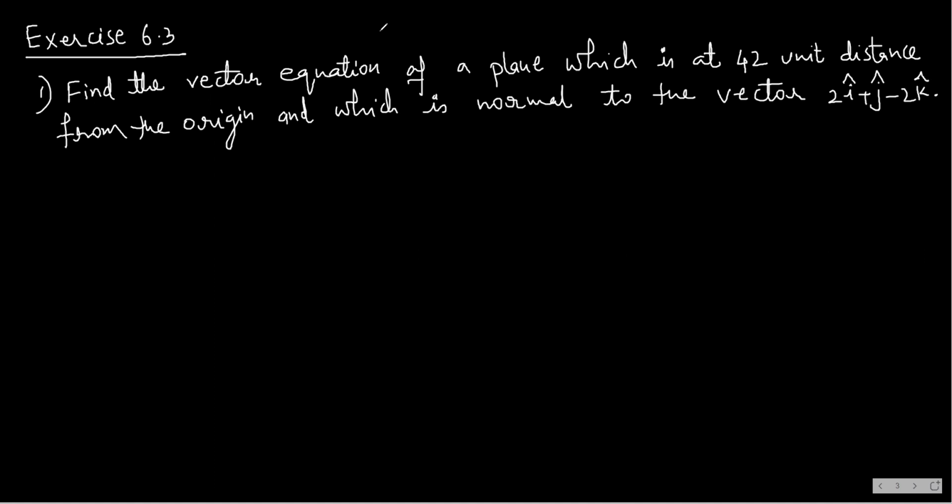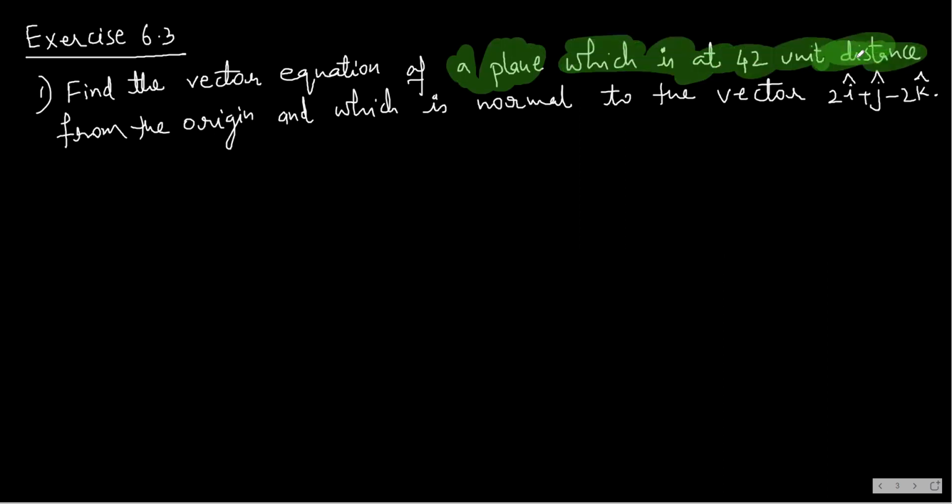Okay, before I begin, I want you to answer a few things. What are the data here? The data is I'm given the distance of the plane from the origin, which is at 4√2 unit distance from the origin.